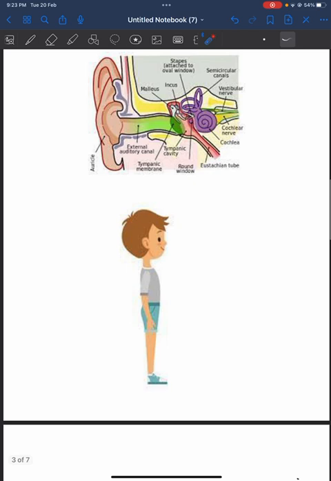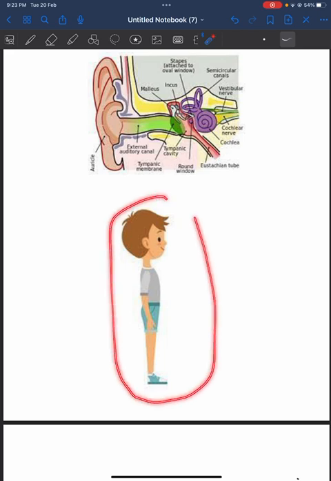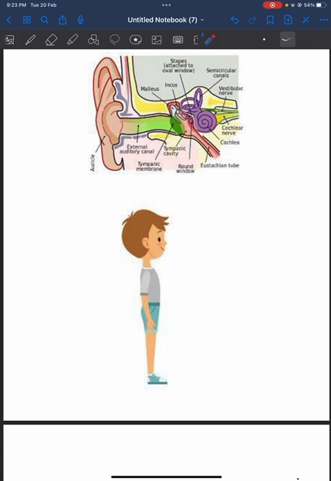So in order to see the anatomy of the middle ear, we have to get into it by imagination. I'll tell you from which view you have to view the middle ear. So imagine that there's a boy standing in this manner, okay? From this sideward point of view, you're seeing the ear.